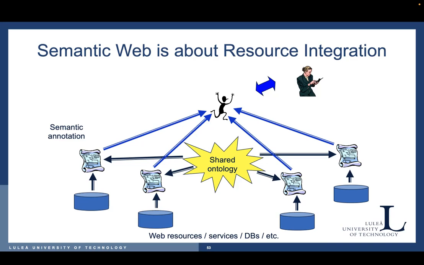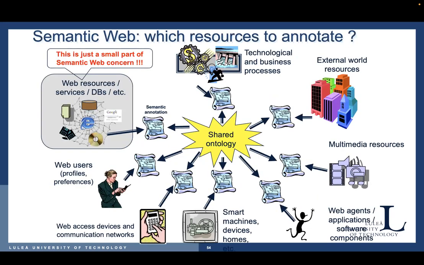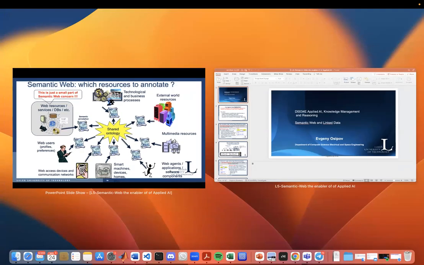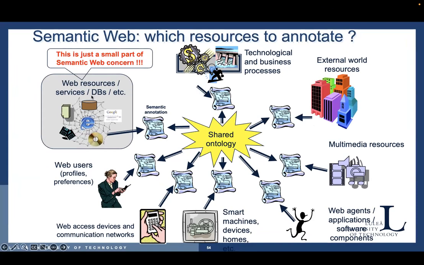So again, on the level of definition, an ontology is a collection of facts, relationships, and properties about a target domain of knowledge, which represents a standard to describe different instances of resources via semantic annotations. And the resources are really diverse. That is the state of the internet now.